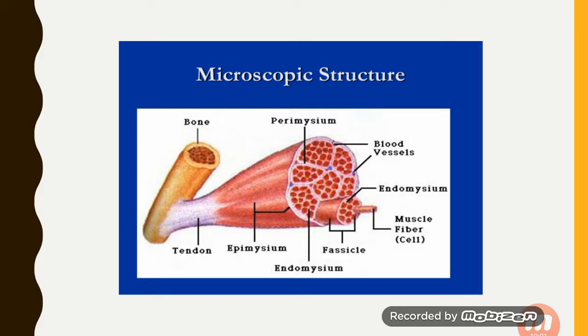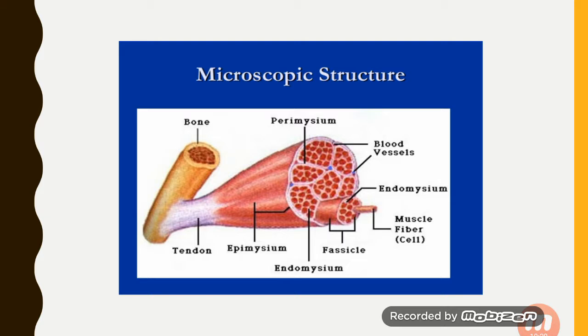The structures which join the muscles to bones are called tendons, and when bones are connected to bones, they are called ligaments. So here in the diagram, a bone is shown to which a muscle fiber is connected, and the joint that is formed here is called a tendon.